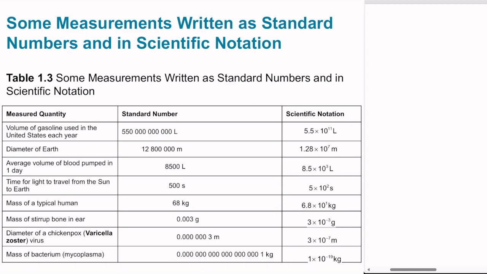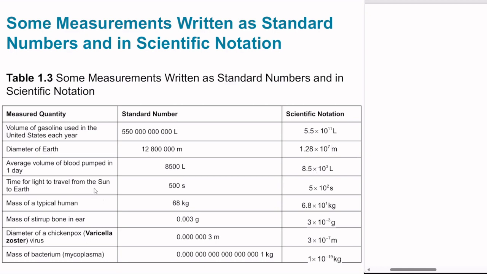Here are some more examples of why we would need scientific notation. For example, the volume of gasoline used in the United States in a year, 5 times 10 to the 11 liters. The diameter of the Earth, 1.28 times 10 to the 7 meters. The average blood volume pumped in a day, 8.5 times 10 to the third liters.